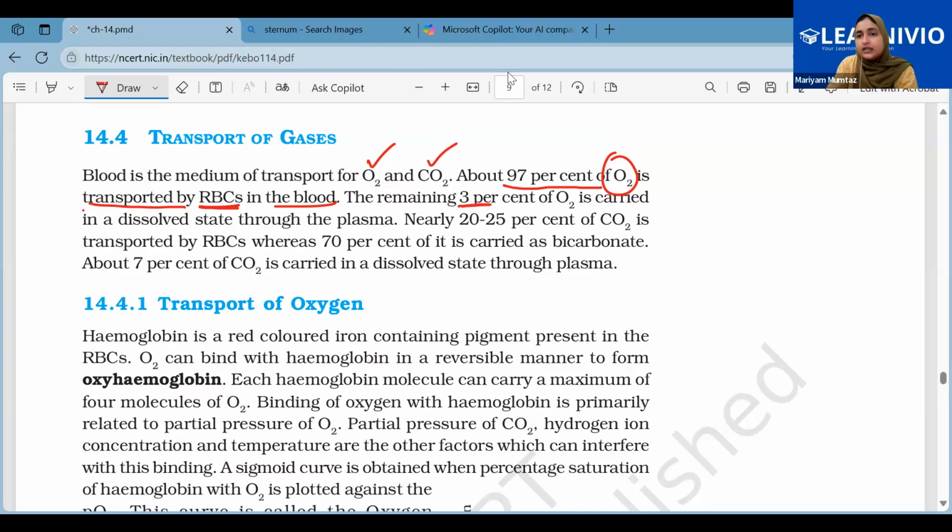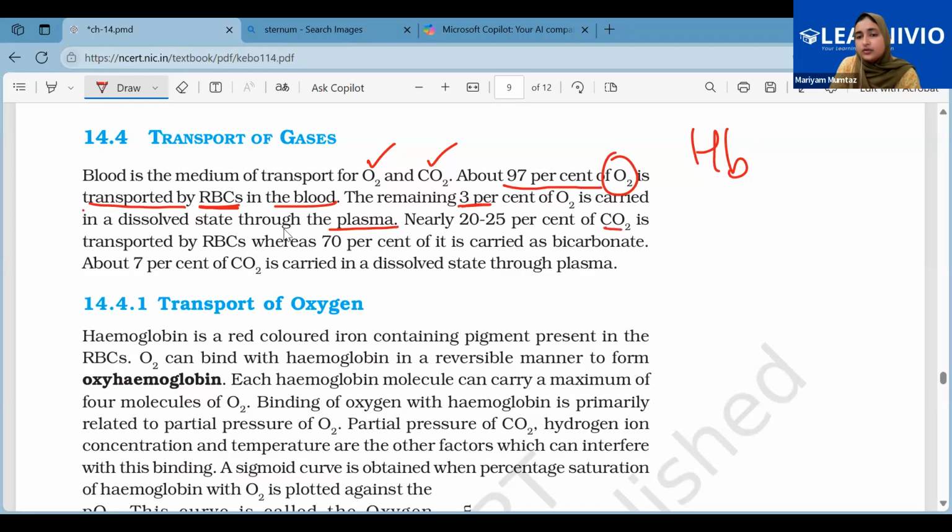And what about the remaining 3%? The remaining 3% is carried through the plasma, the fluid of the blood, not the hemoglobin, which is written as Hb. So that is for oxygen. The majority, 97%, is transported by RBC, and the remaining 3% is carried by the plasma.